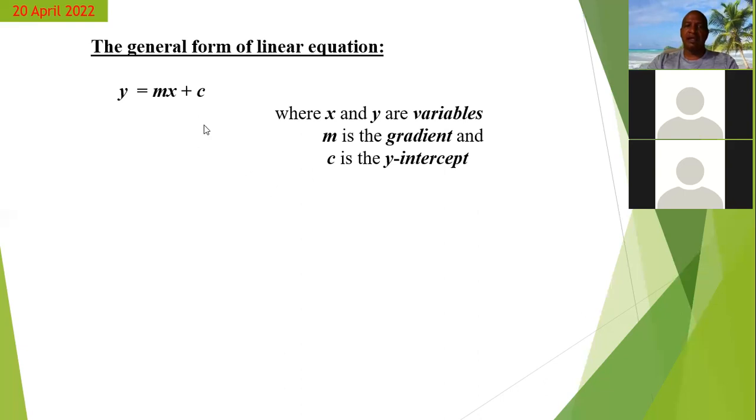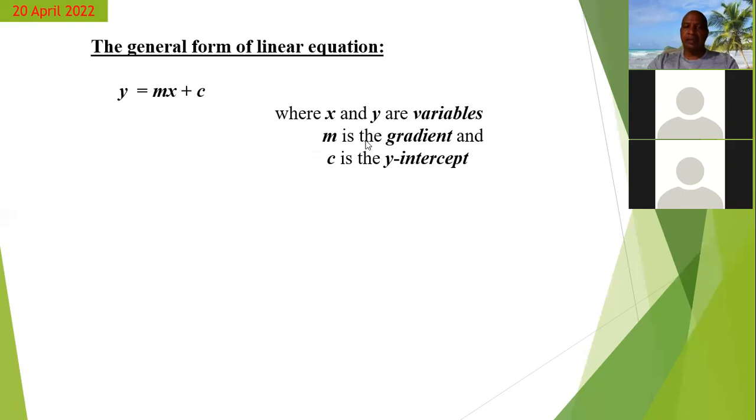But sometimes you're not given the line on a graph, but instead you are given points on the line. So you should be able to use the points, at least 2 points you are given most of the time, to calculate the gradient, because we would have looked at that from previous class.